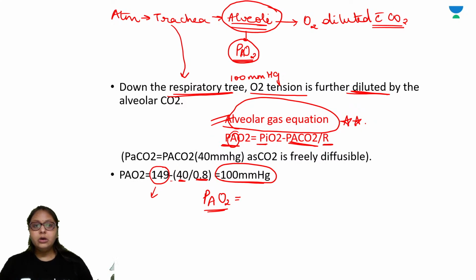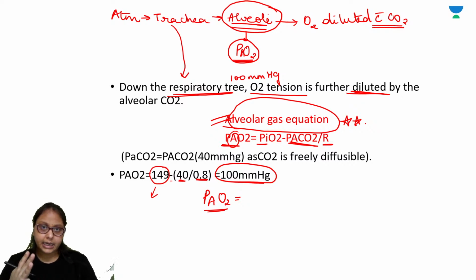Okay, so from the atmosphere to the trachea the pressure falls because of the moisture. Then why is there a further decrease in the alveoli? Because of the dilution from carbon dioxide. Now from the alveoli, where will the oxygen go? Because of the difference in concentration gradient.